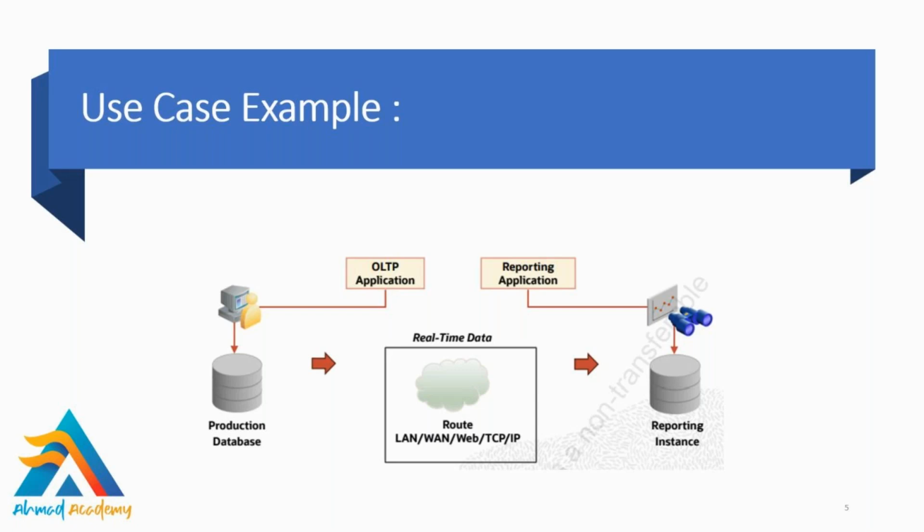The data is moved with sub-second latency, and there is no performance degradation for the source system. The transactional integrity is maintained, and there is a provision for complete data recoverability. So these are the use cases where we use Oracle Golden Gate for operational reporting. Okay.